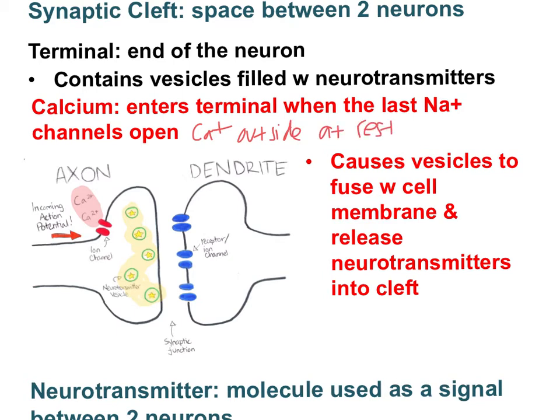When an action potential is sent, sodium channels sequentially open in the axon, meaning when one opens, its neighbor opens, its neighbor opens, and that's what I mean by falling dominoes. The first channel has to open in order for any of those subsequent channels to open.